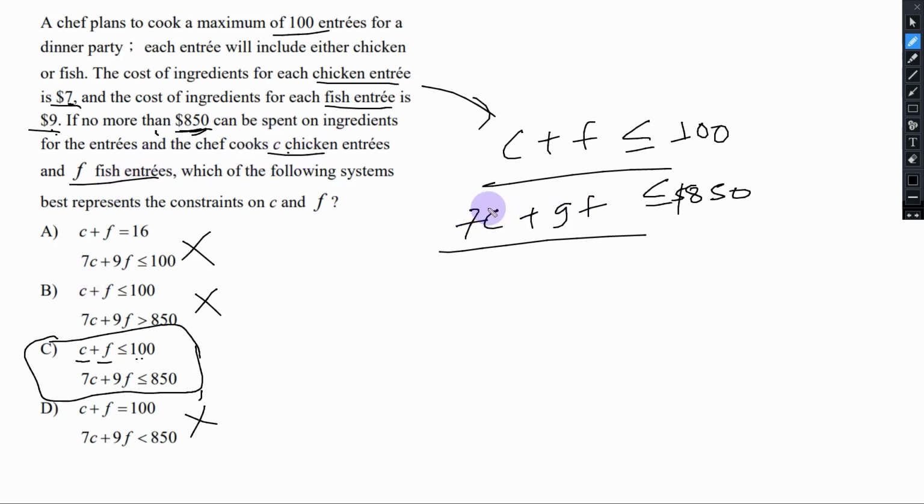So we can find the total cost for chicken by multiplying by 7, because ingredients for each chicken is $7, and with the addition of fish, because each fish is $9. So if 7C plus 9F is added, it will give the total amount for the ingredients.